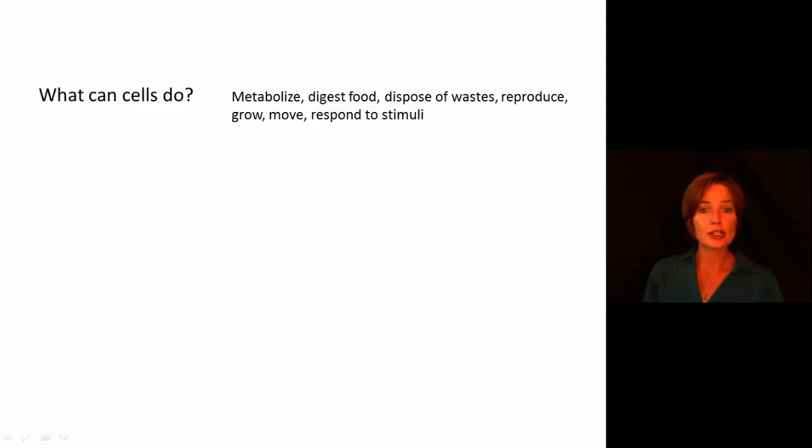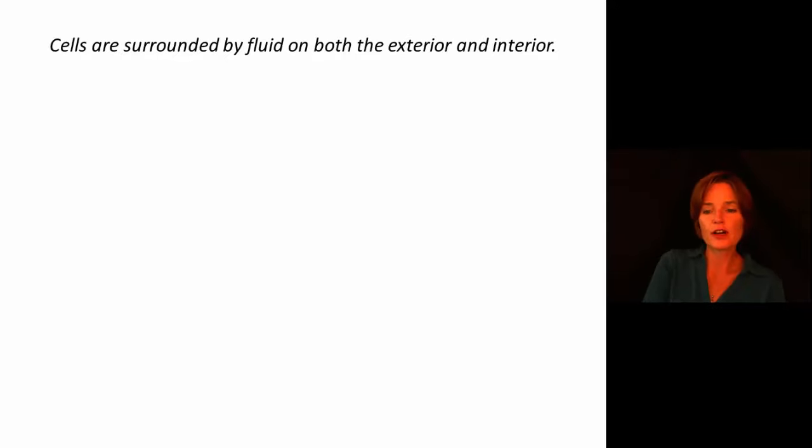And then ultimately, they do respond to stimuli so that they're able to respond to their environment in whatever way is necessary. So in order to do this, it is going to involve a communication with what's on the outside, and then also communication inside the cell. Our cells are ultimately surrounded by fluid on both the outside and the inside, so water-based solutions.